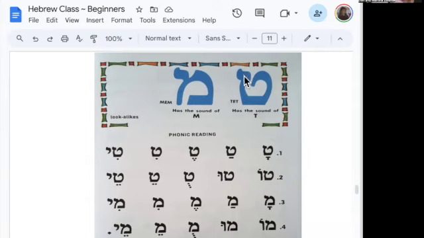So anyway, as I pointed out, this letter as well, because it is a vessel, is connected to the light, and each vessel receives light. It has the ability to receive if it's ready. The light will not come into a dirty vessel or into a broken vessel, cracked or damaged. And we're always damaged.